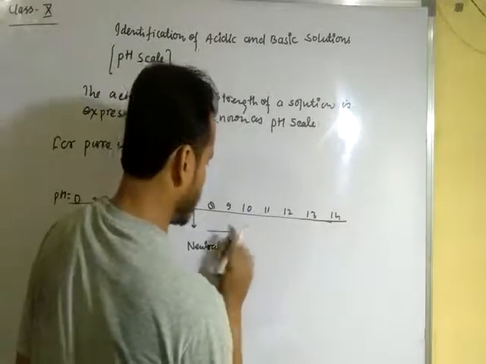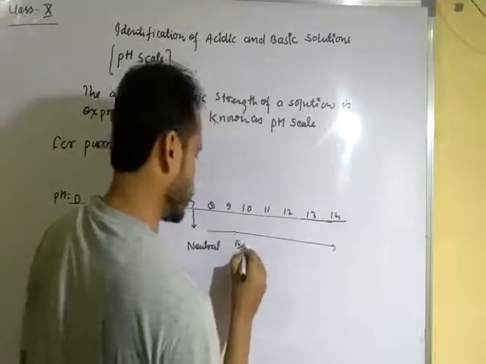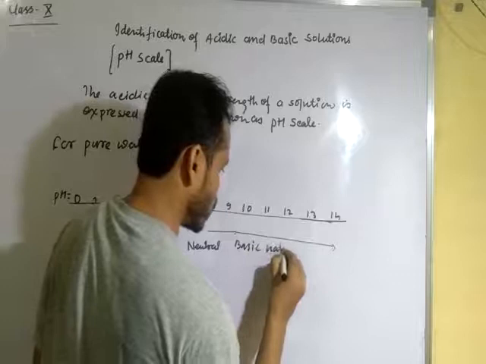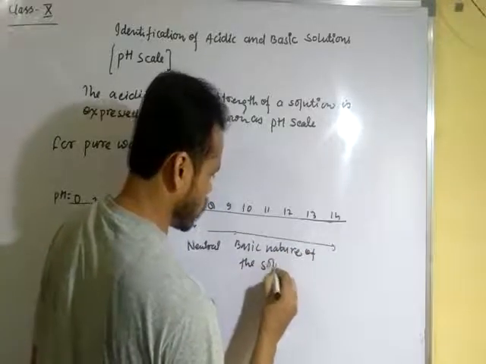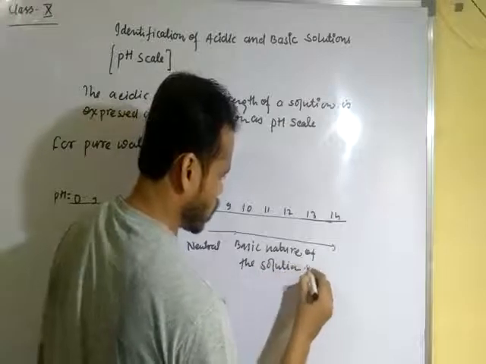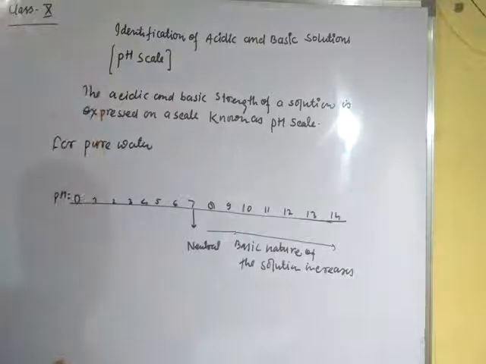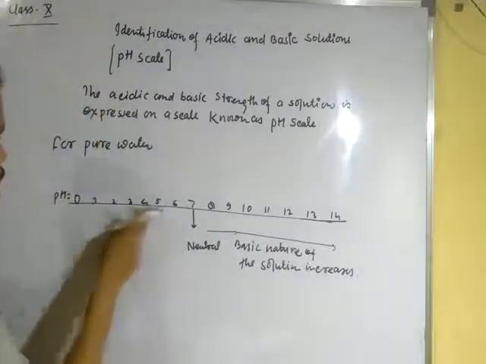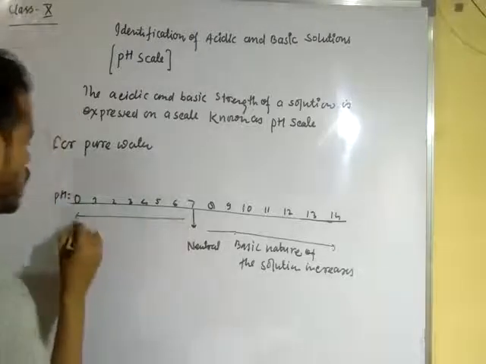When pH goes from 8 to 14, the basic nature of the solution increases. When pH goes from 6 to 0, it decreases, that means the acidic character increases.